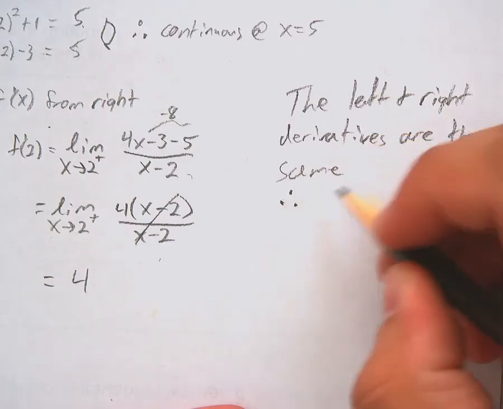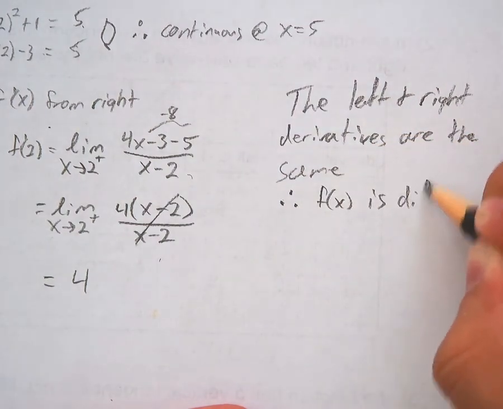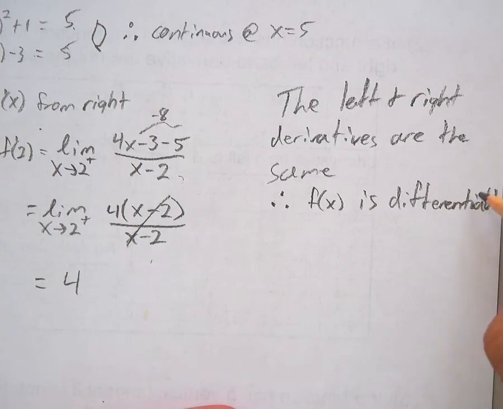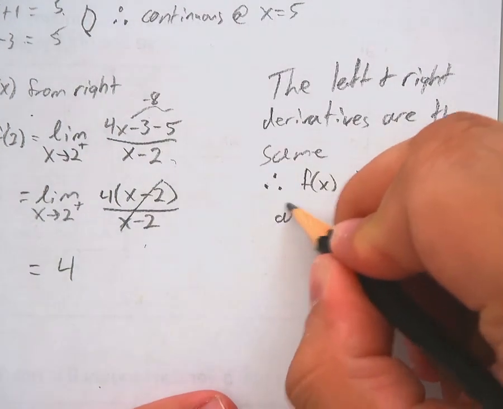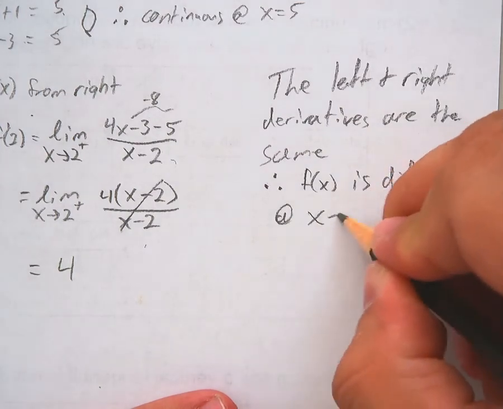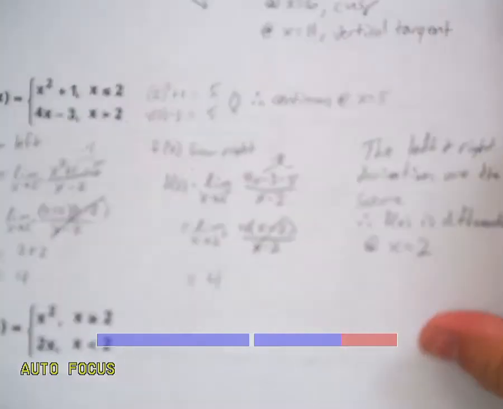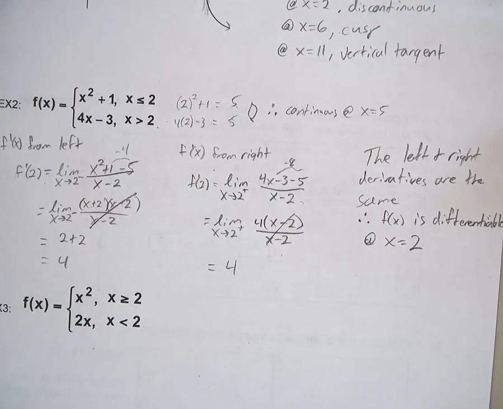Therefore, f of x is differentiable. Ran out of room. Differentiable at x equals 2. Because let's face it, if there's going to be an issue with this thing, it's going to happen where the piecewise function splits. It's going to happen at 2.